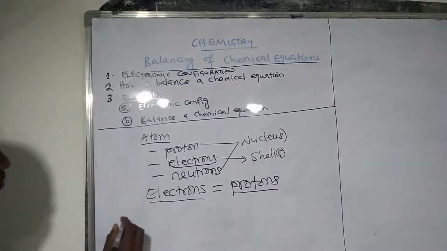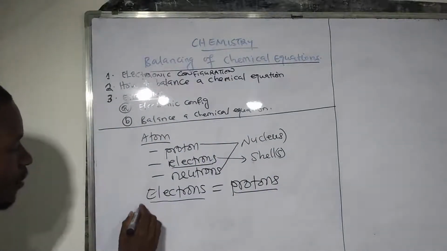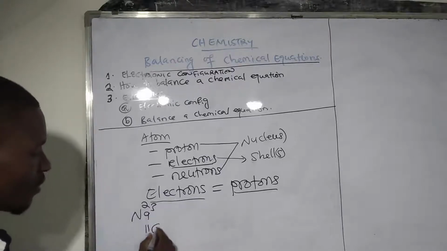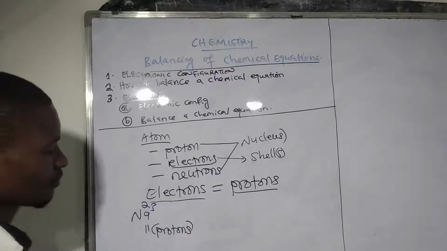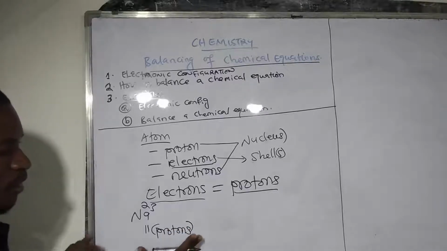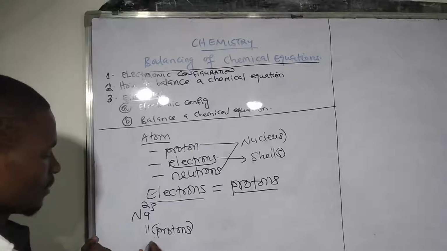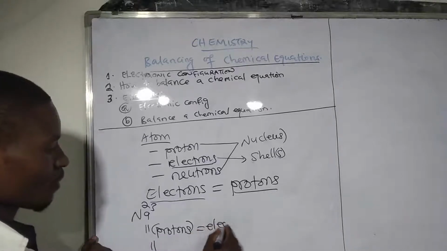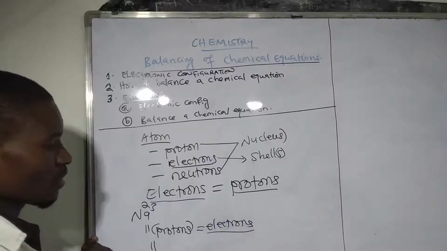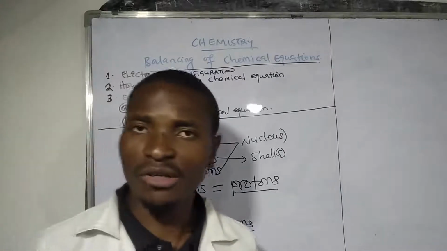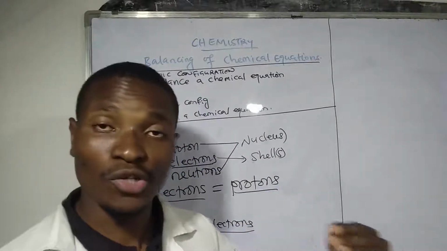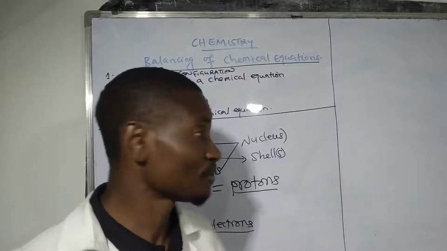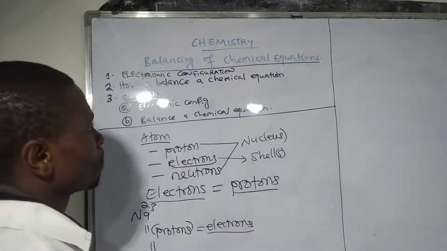For instance, when I take sodium, which has the mass number of 23 and 11 protons, this means that this 11 is also equal to electrons. So when I'm doing an electronic configuration, I'll be using the proton number, which is also referred to as the atomic number.